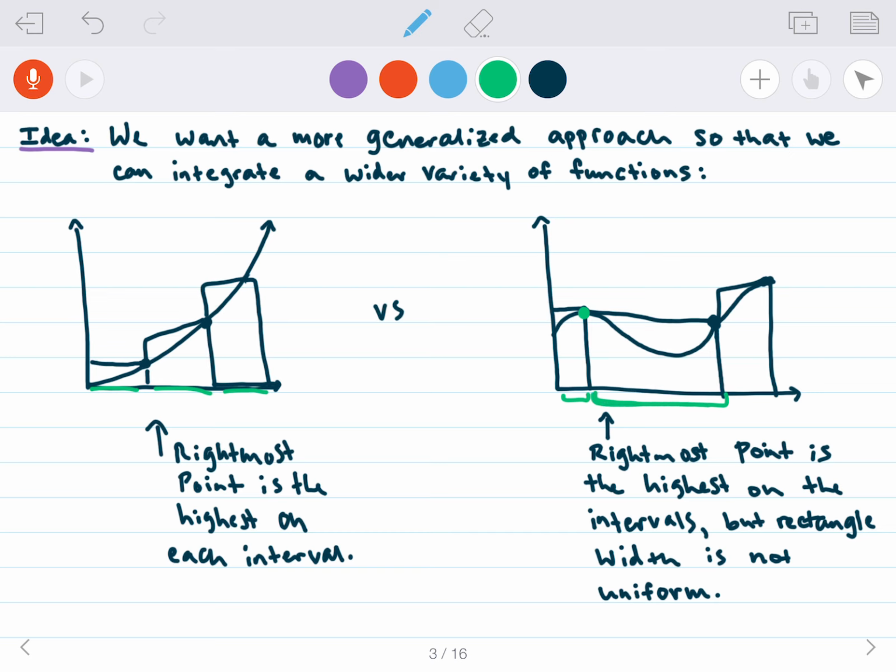This rectangle has a bigger width than this first one, and this one has a width in between the first and the second one. So yes, we can make the rightmost point the highest, but the cost of doing that is that the rectangle widths are not uniform. So we need a few more tools to be able to generalize our theory of integration to more interesting functions.